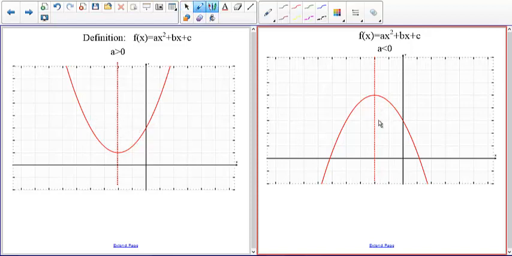So for example, if I go 2 units to the right here, you can see where it intersects the y-axis. If I go 2 units to the left, it has the same y value. So if I knew the y-intercept here, and I knew where the vertex was, I could go over here and just go the equal distance and find another point to plot.